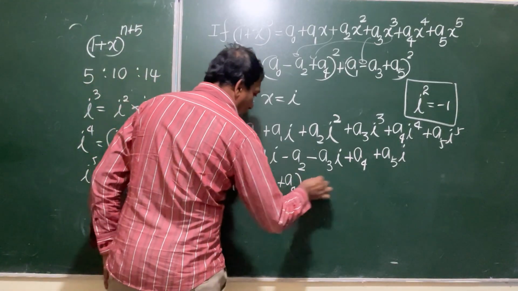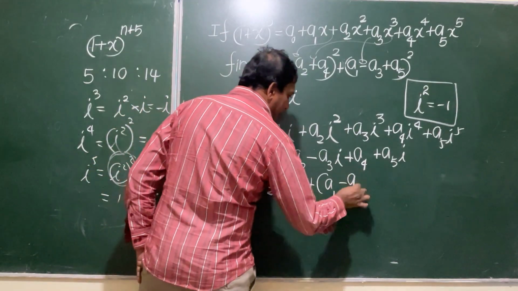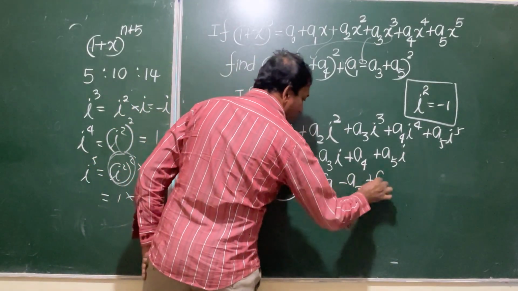And now take the I values separately: a1 minus a3 plus a5, right?